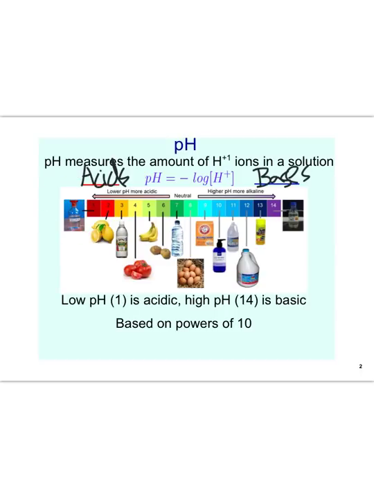A lot of dentist's offices will have Coke in here. Coke is incredibly acidic, around 2 to 3 on the pH scale. You have lemons, vinegar, tomatoes are acidic. Bananas are acidic. And then water is perfectly neutral, and we'll talk about that later.